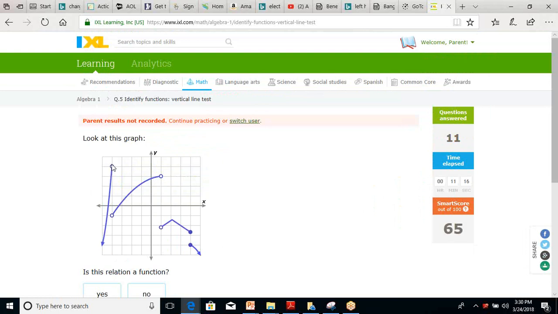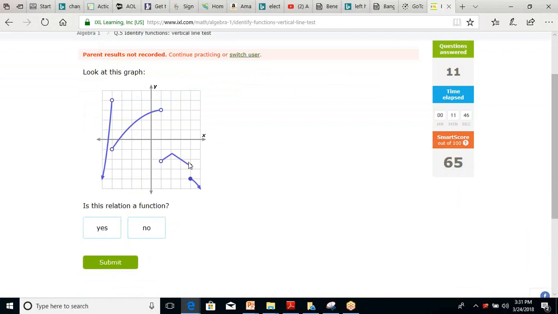And for this one, it means less than -4. But look at this one. At x of 4, there are two points with different y values. So this is not really a function because of this right here. So it's not a function, right?